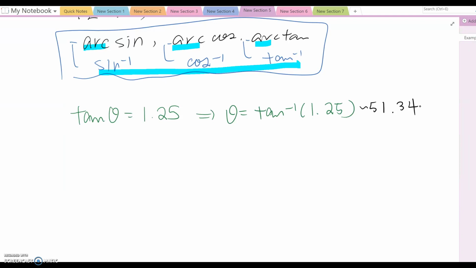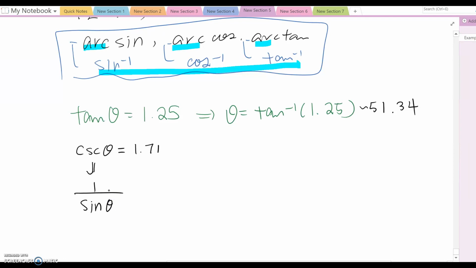So what if it asks you cosecant theta equal to, let's say, 1.71 like that? Then we have a problem because we have no such function key for secant theta or cosecant theta here. But you know that this means 1 over sine theta, right?